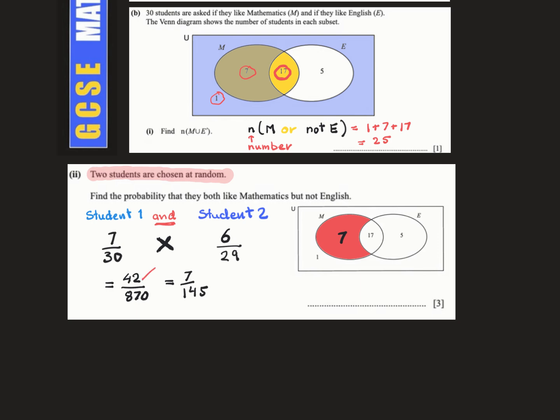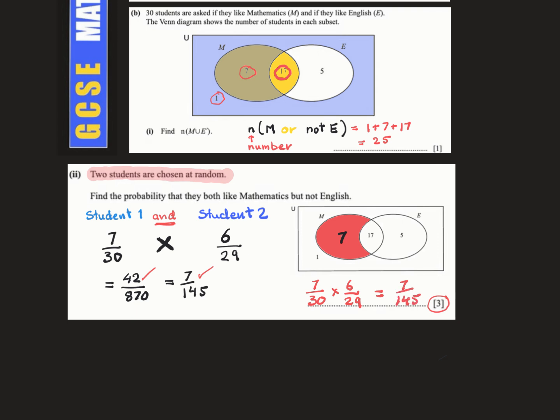But then you look at the mark system and it says there are 3 marks for this. Where does that come from? Well, the other 2 marks come from the fact that you have written down 7 over 30, the probability of the first student, and that you have written out the 6 over 29, and then you can just finish off with 7 over 145.